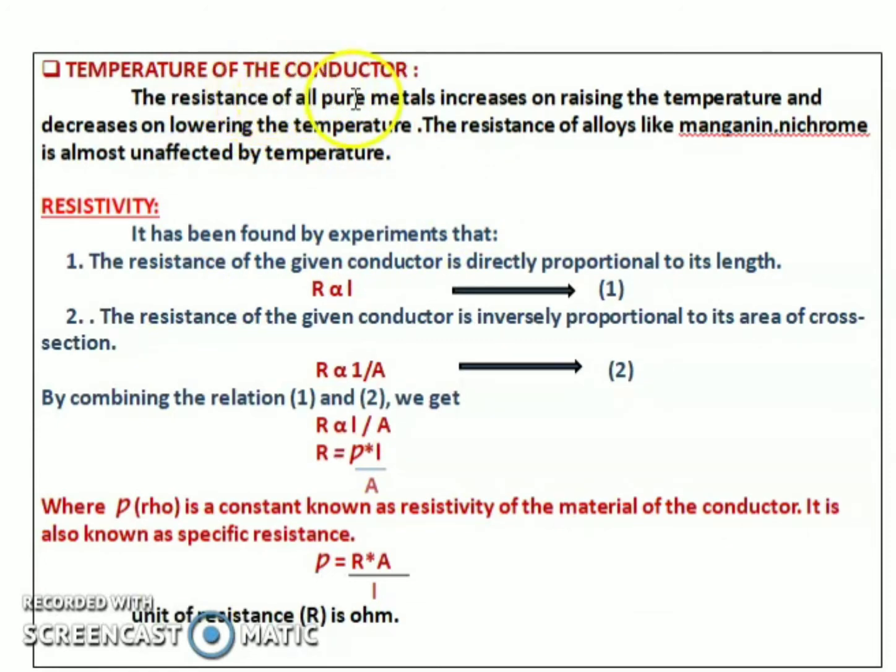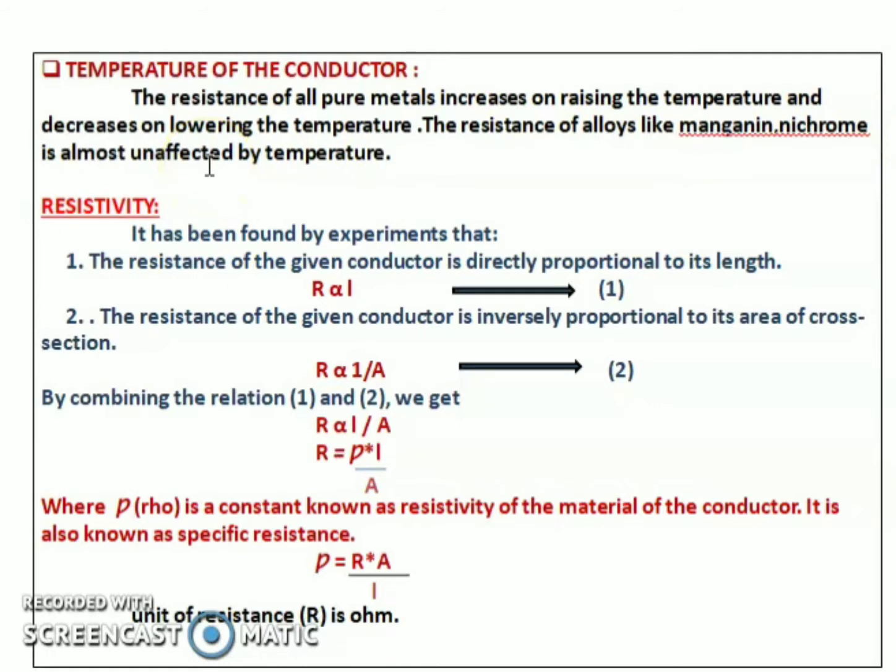The resistance of all pure metals increases on raising the temperature and decreases on lowering the temperature. The resistance of alloys like manganin and nichrome is mostly unaffected by the temperature.